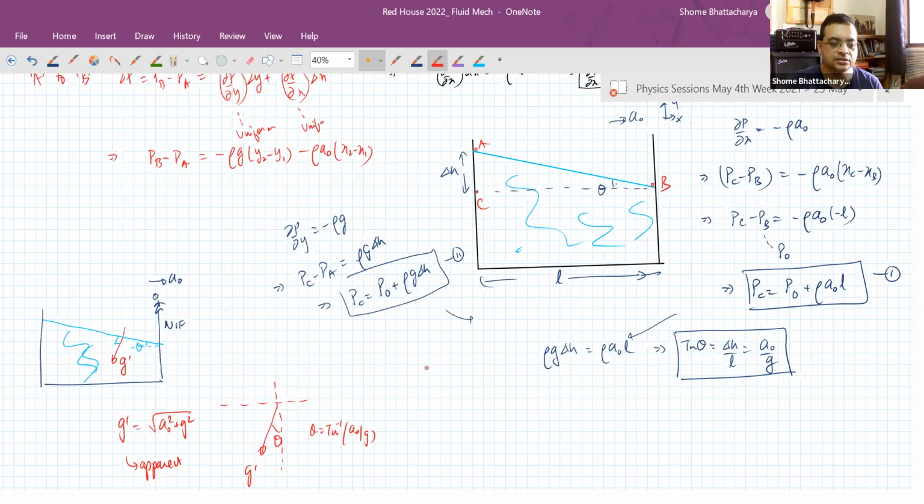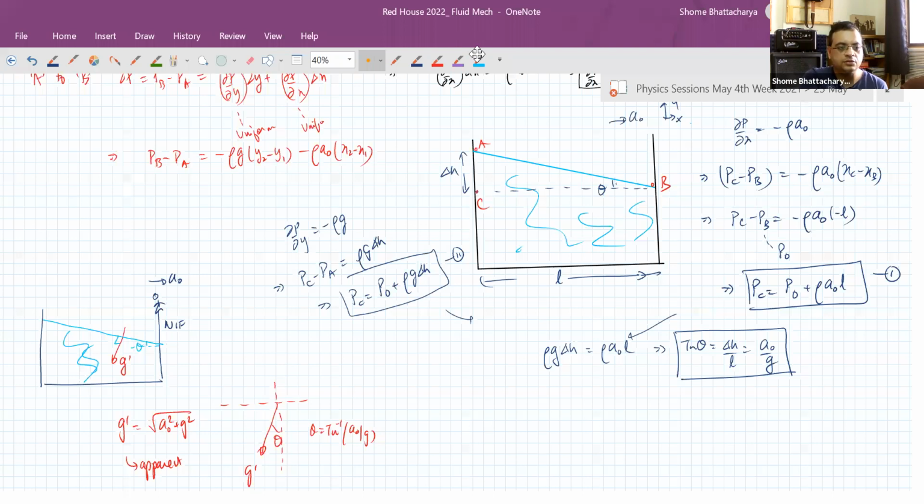So your pressure increases with the negative X direction, or against A naught, by a factor of rho A naught. Whereas your effective gravity G prime has a vertically downward component of G. So accordingly, your pressure increases with depth at a rate of rho G. Okay. So that is the simple, intuitive way of remembering this result.